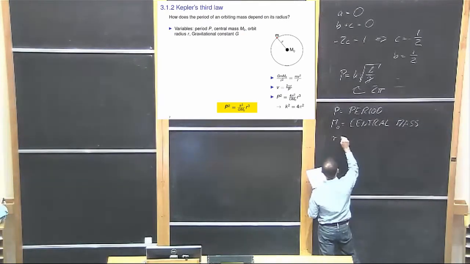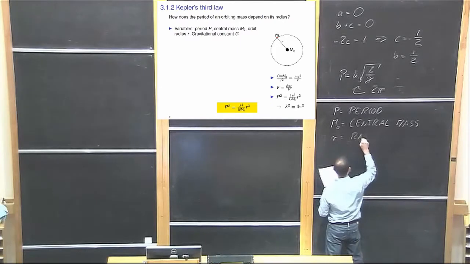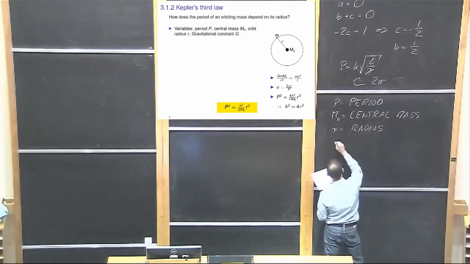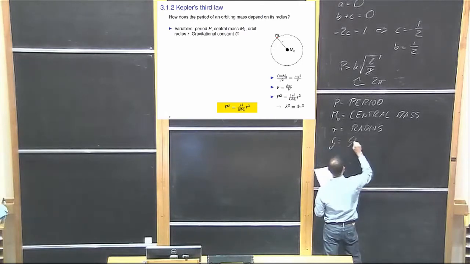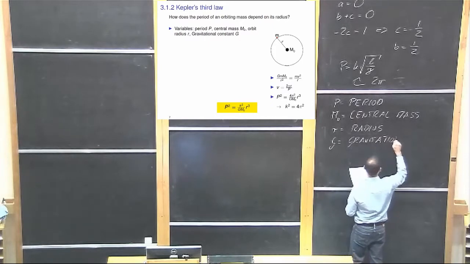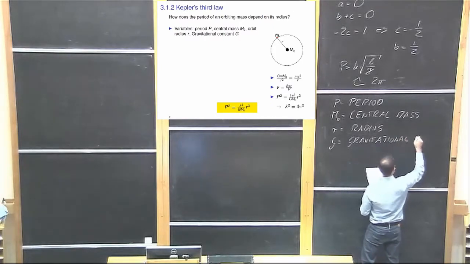Then small r is the radius of the orbit, and G is the gravitational constant.